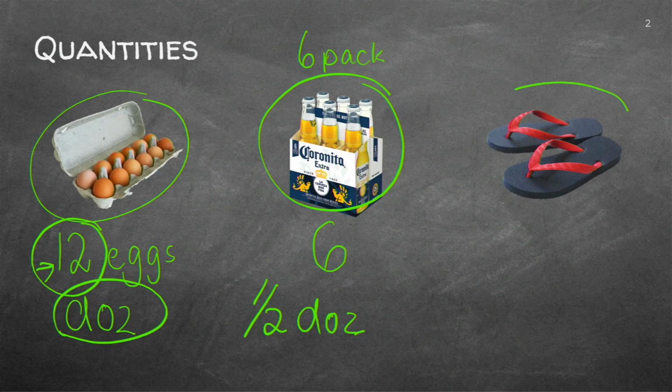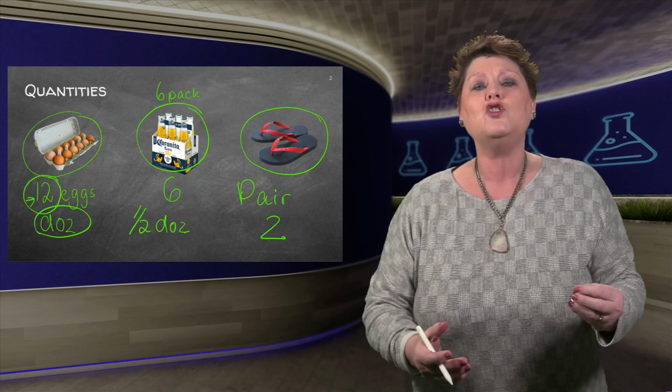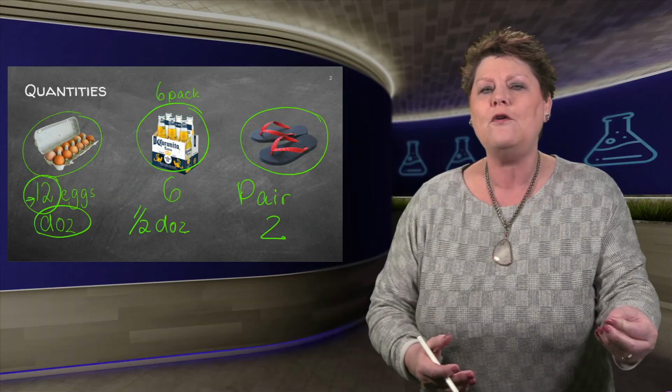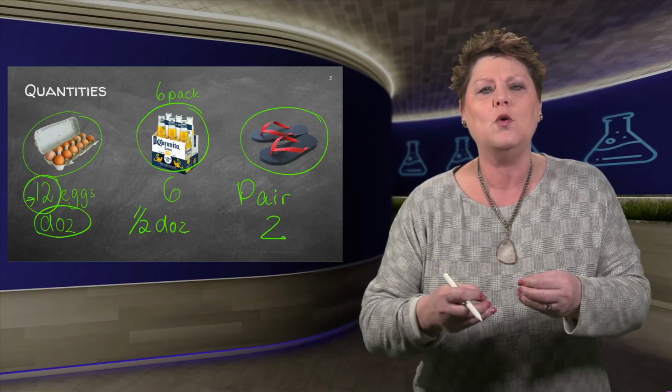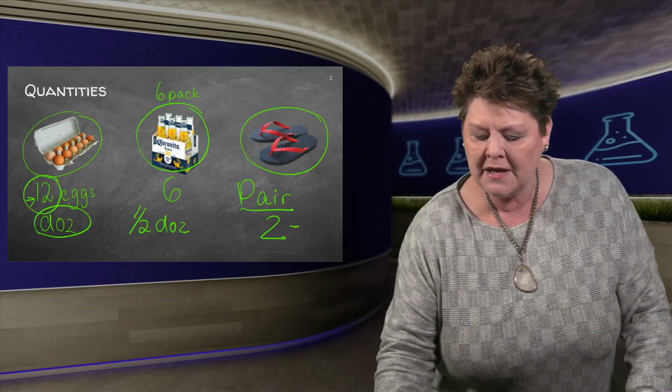If you're working in a shop selling shoes or socks, you preferably sell them as a pair, and a pair will be two. So you can walk around the house and ask your mom, where's my pair of shoes? And she'll know you're talking about two. So the word pair means two.